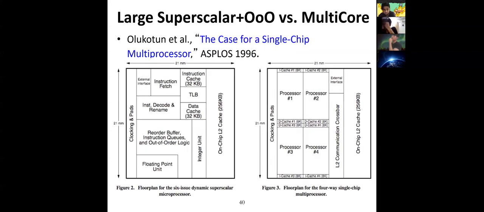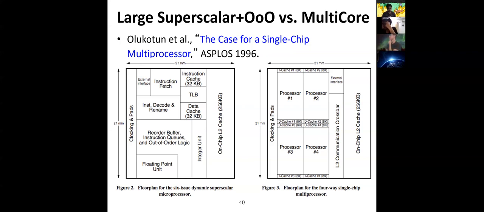Okay, so what are the alternatives? If you compare, again, large superscalar plus out of order versus multi-core, that was one of the first papers that looked at that hypothetical scenario, the case for a single chip multiprocessor back in 1996. Remember that it was 10 years before Intel started to look at multi-cores, right?